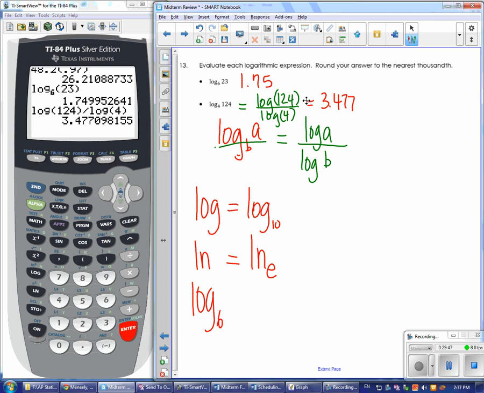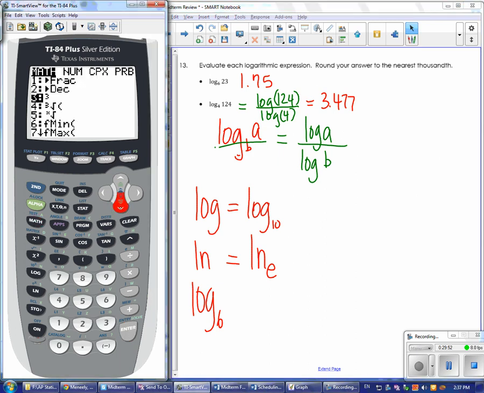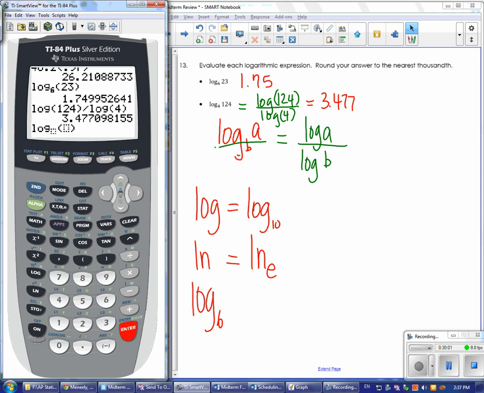And just to show you that you get the same answer, I can go back to that math menu, scroll down to option A, and type in the 4 here and the 124 as my argument. When I press enter, notice you get the exact same answer. So either way is fine.